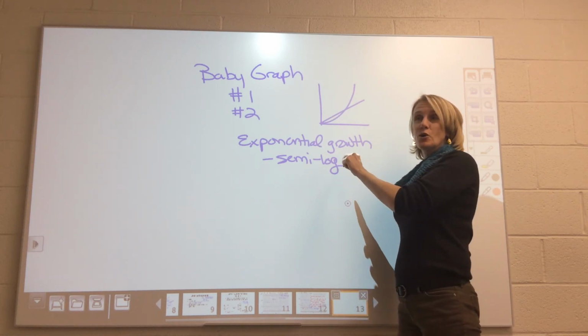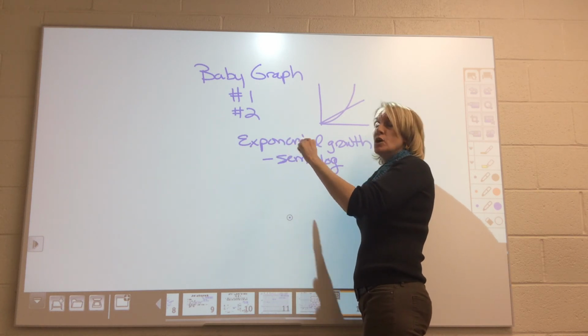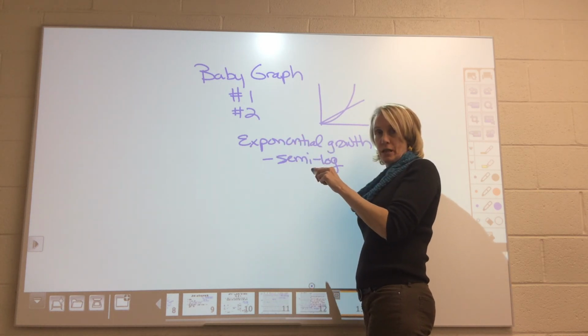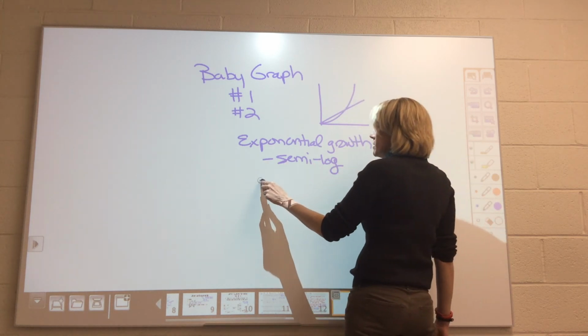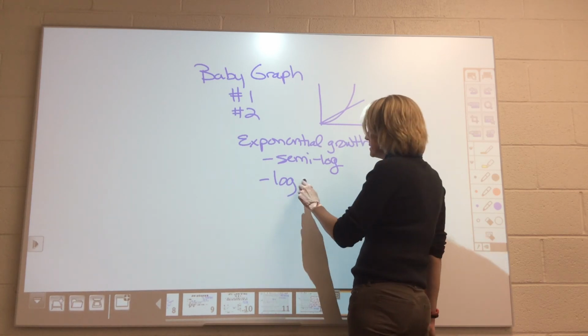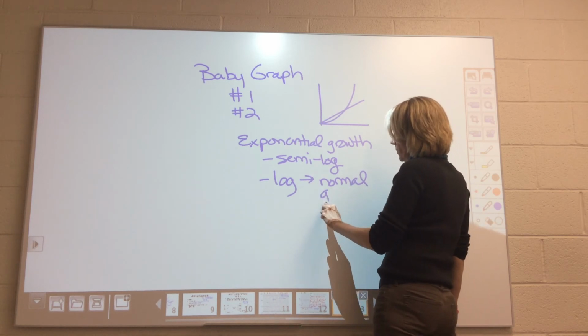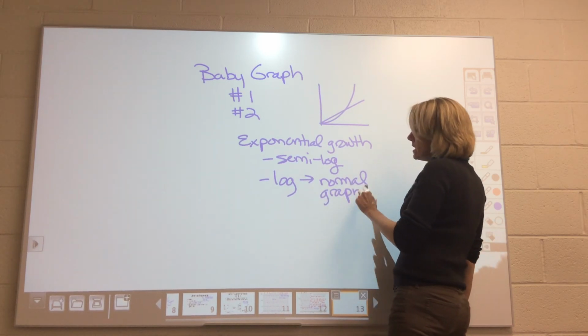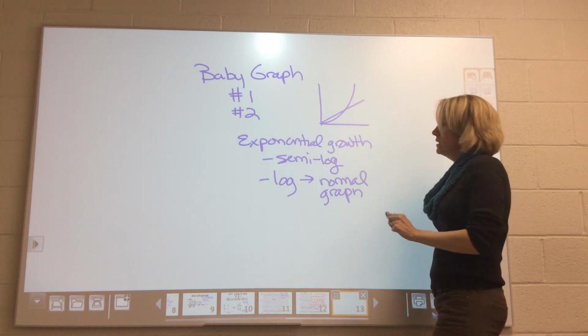You may need to go back and listen again to the end of that presentation if you have trouble putting the numbers in. Okay, so make sure you double check yourself. So you're going to do a semi-log graph, and then you're actually going to take the logs and graph the logs on normal graph paper.